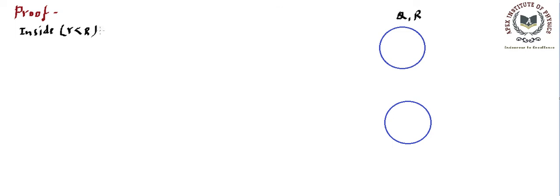To prove this, we are going to use Gauss law. As per Gauss law, we need to write the integral of E dot ds is equal to charge enclosed upon epsilon naught. So we will see how much charge is enclosed in this Gaussian surface. First of all, we need to take the Gaussian surface.